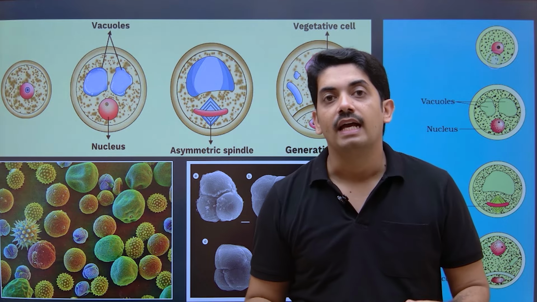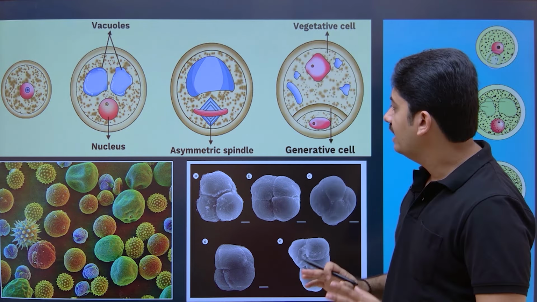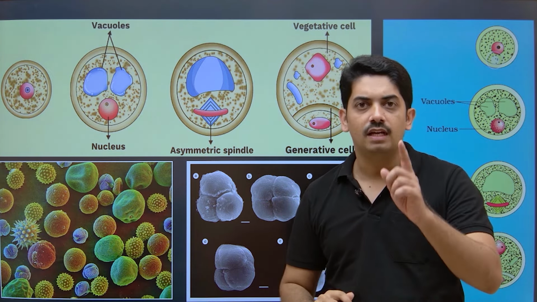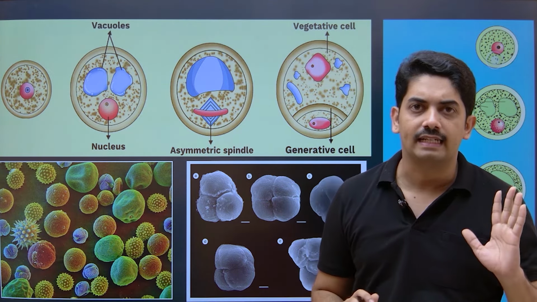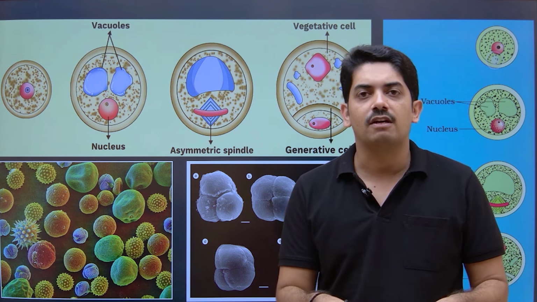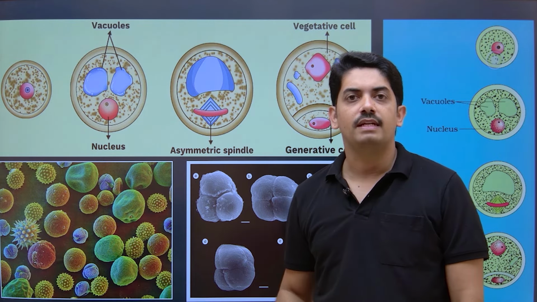Very important: the haploid cell again undergoes mitosis. During that time it forms an asymmetric spindle. A very, very important character here. Usually at the time of cell division, what type of spindles are formed? Symmetric spindles are formed. But here surprisingly it forms an asymmetric spindle.